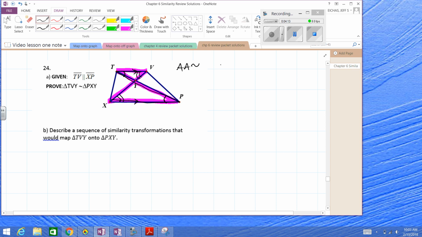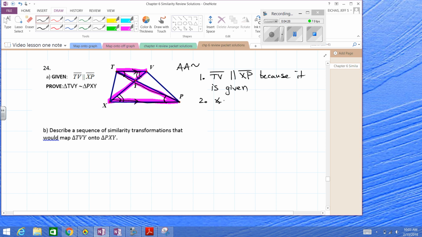Again, that's most of ours. So let's go through that. One, I need TV parallel to XP because it's given. Then I need to follow it up with alternate interior angles.